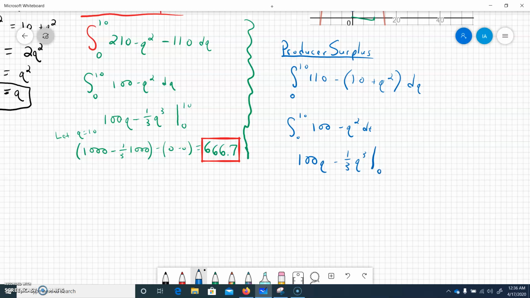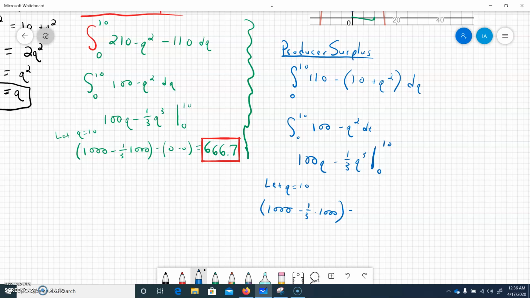You could put a plus c, but when you do your limits of integration from 0 to 10, it will get absorbed. So if we let q equal 10, we will have 1,000 minus what we just saw was 1/3 times 10 cubed.